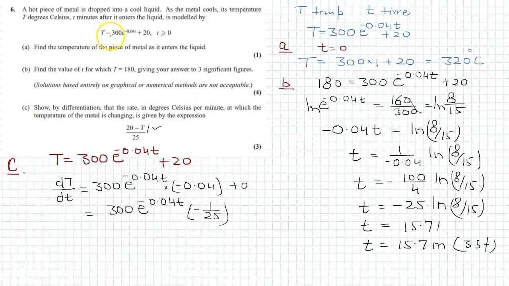If I bring 20 here, T minus 20 is equal to 300 e to the power minus 0.04 t. So this one I can write as T minus 20 divided by minus 25. So that is equal to 20 minus T over 25. That is what we are supposed to prove.